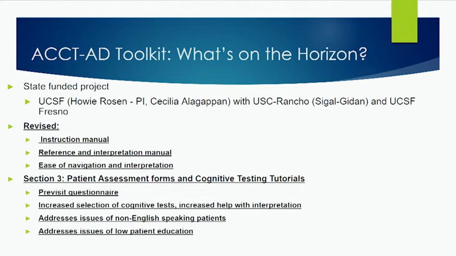There are some new forms. There's a pre-visit questionnaire that's still in kind of beta testing, so if that's something that families or patients can fill out ahead of time, that's very helpful.